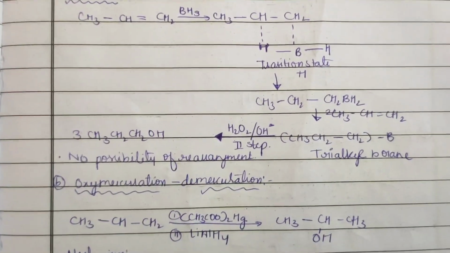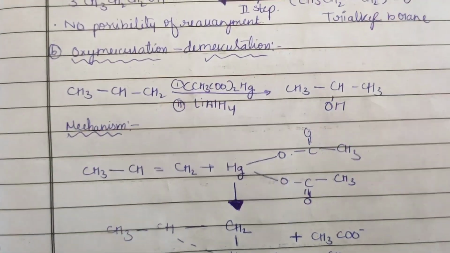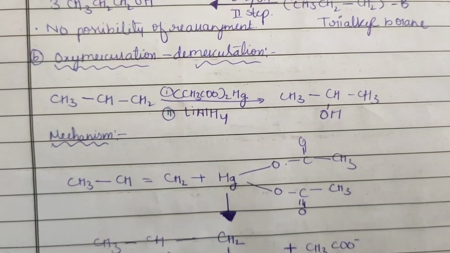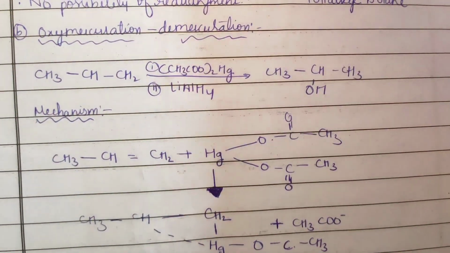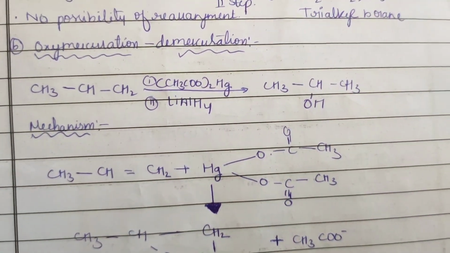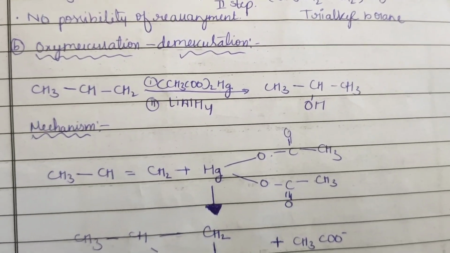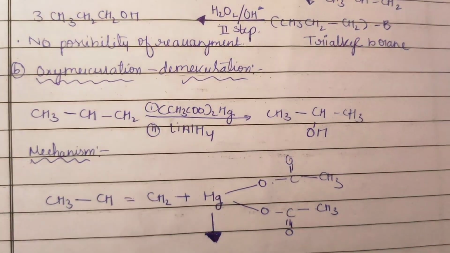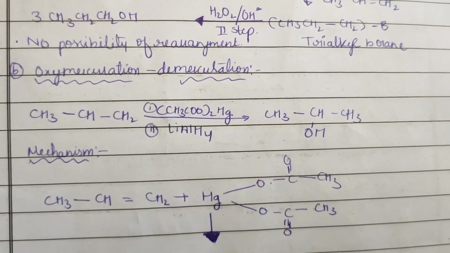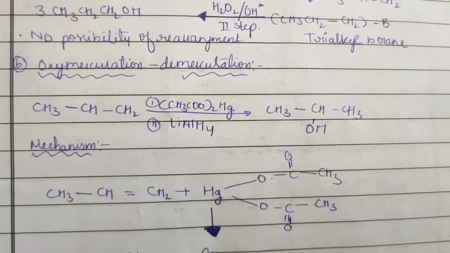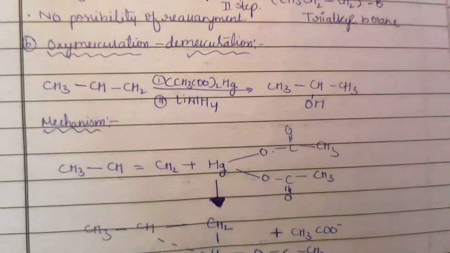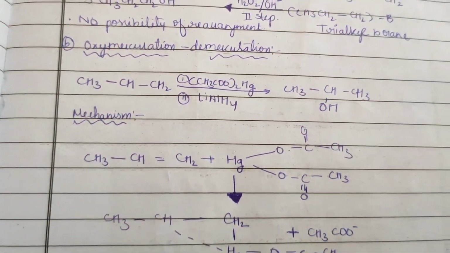Now the second method is oxymercuration-demercuration. Here CH3CH=CH2 is added with Hg(OAc)2 and H2O, and secondly with NaBH4 or LiAlH4 to give rise to the alcohol. Now here we can see the mechanism of this structure.